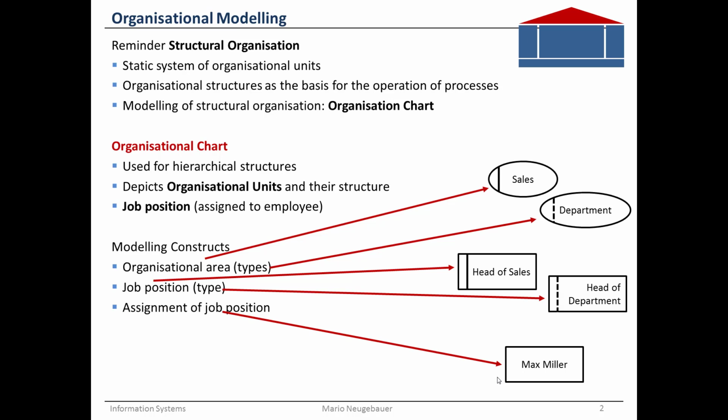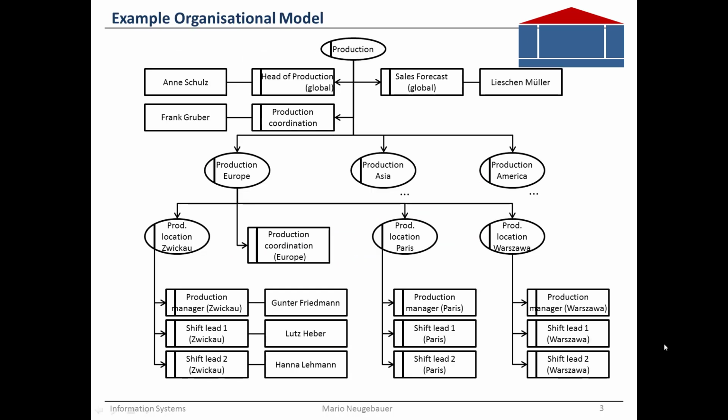So you would refer to a kind of static system in the organization, a static system which at some points is responsible for executing processes. Here you see an example of the organizational model for the production part of a company.